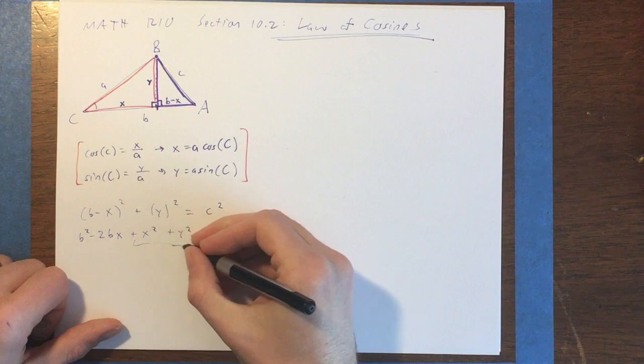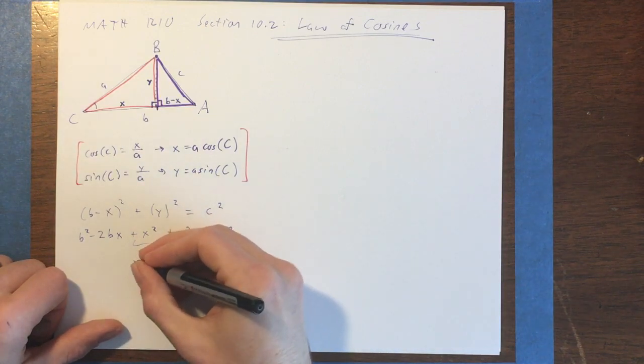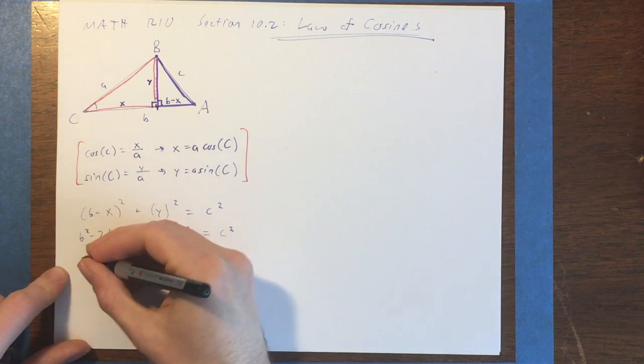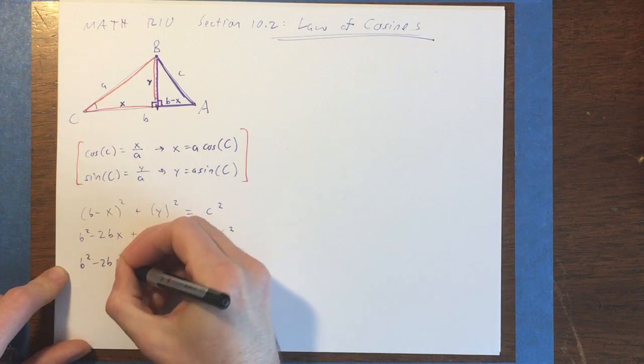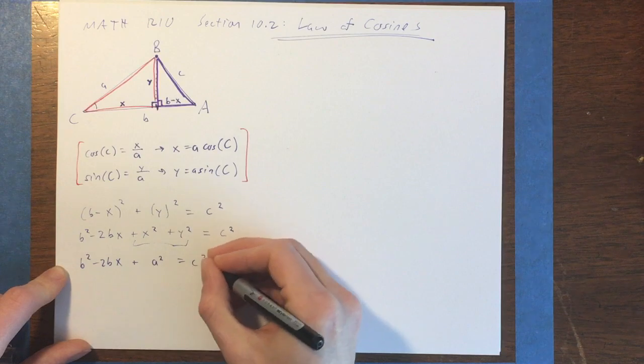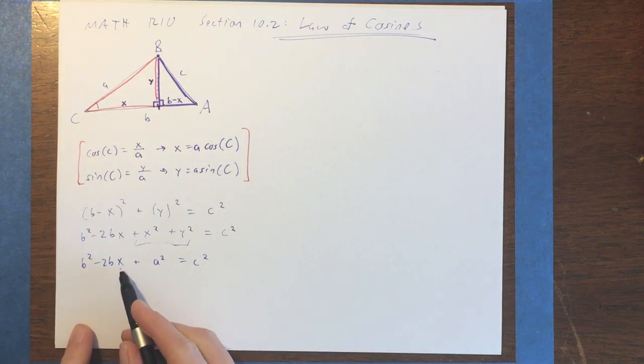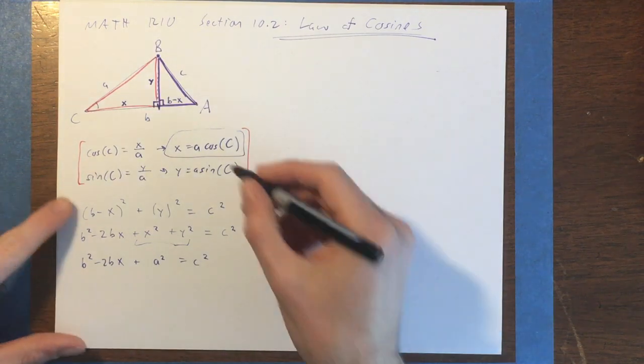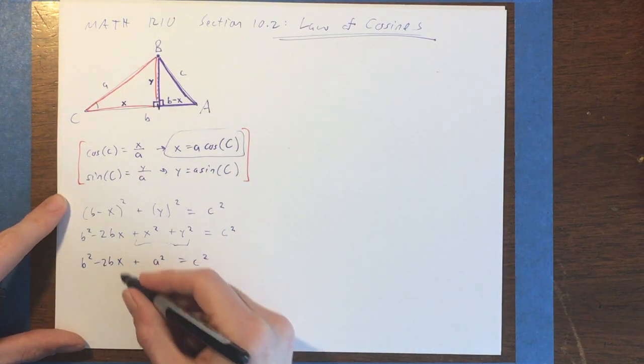So this portion boils down to just plus a squared. For x we could use the formula a times cosine of c, so we stick that in for x.